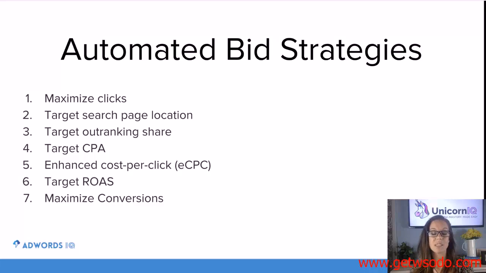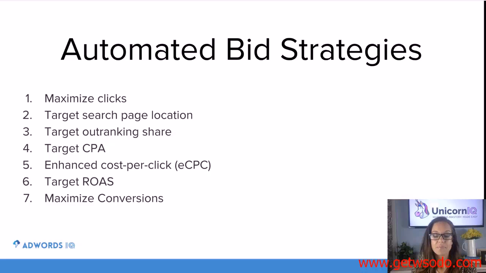If you remember when we did the AdWords first campaign setup, I walked through these briefly. I didn't go into depth because I wanted to get into them in this specific lesson, but the options are maximize clicks, target search page location, target outranking share, target CPA, enhanced cost per click, target ROAS, return on ad spend, and maximize conversions. I'm going to go through all those in a little more detail in just a second.